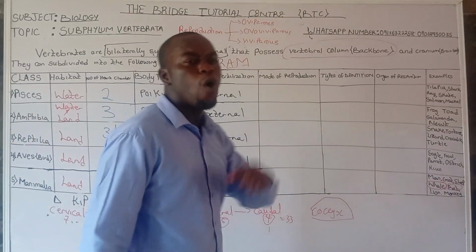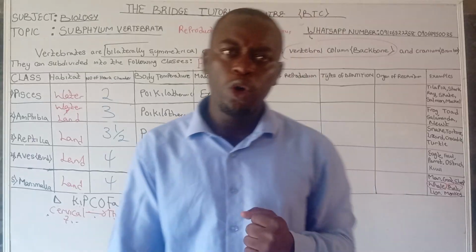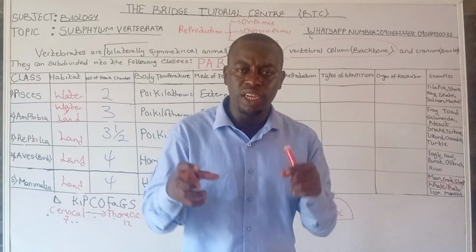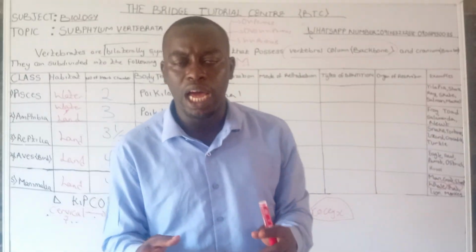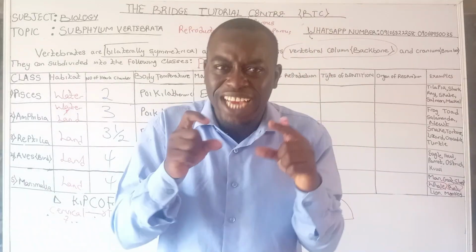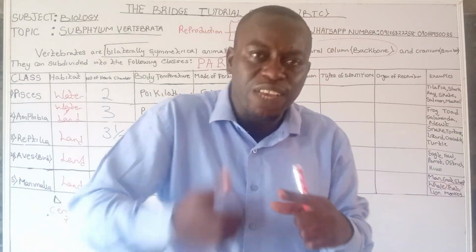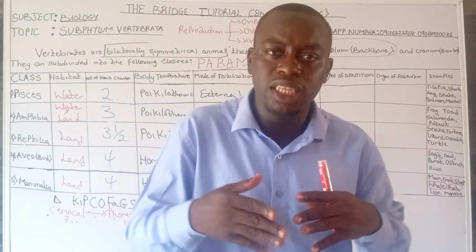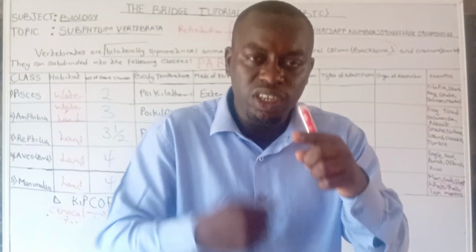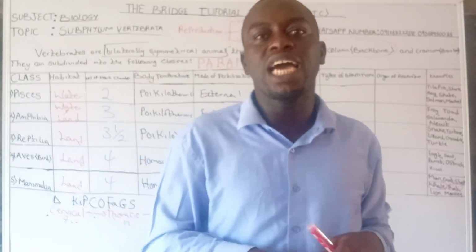What about the next one? Ovoviviparous. Their offspring is also inside an egg case, but that egg is inside their body. It is inside their body that the offspring is developing. They haven't laid the egg out. The offspring has already started developing inside the female body.